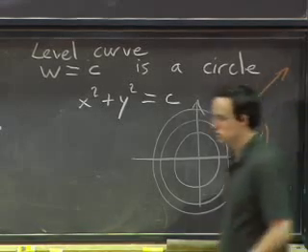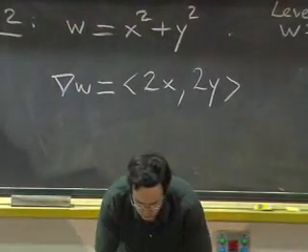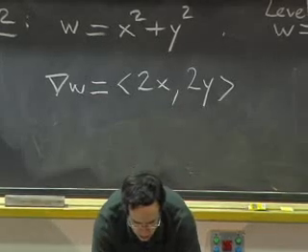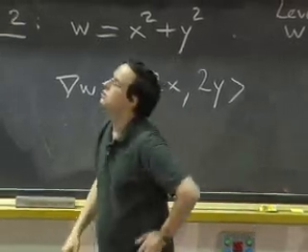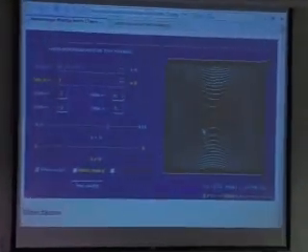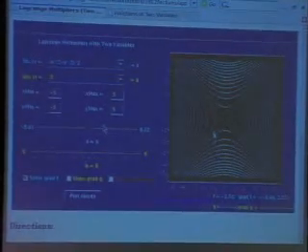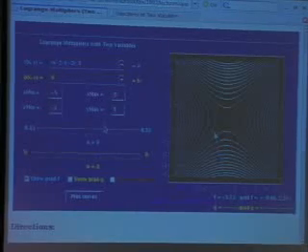Actually, let me show you more examples. I don't know if you can see it so well. Well, hopefully you can. So here I have a contour plot of a function, and I have a blue vector that's the gradient vector at the pink point on the plot.